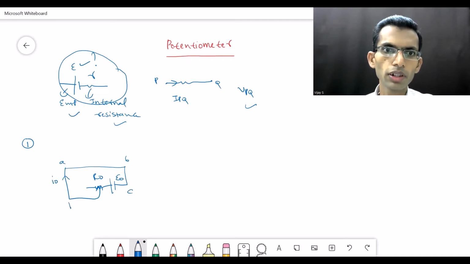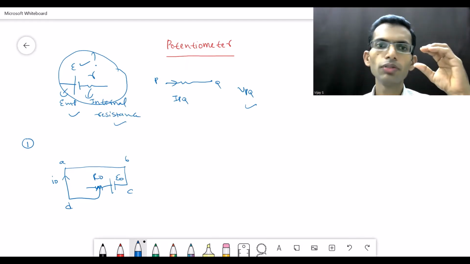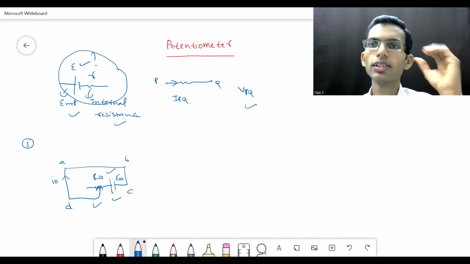This is called main circuit ABCDA. This is a simple circuit in which battery E0, rheostat R0 and wire AB are connected in series.